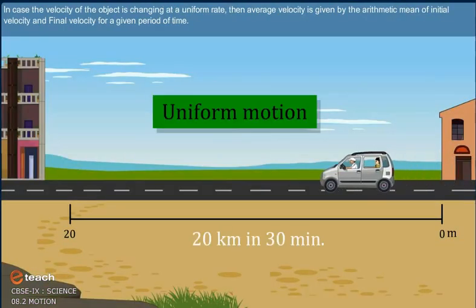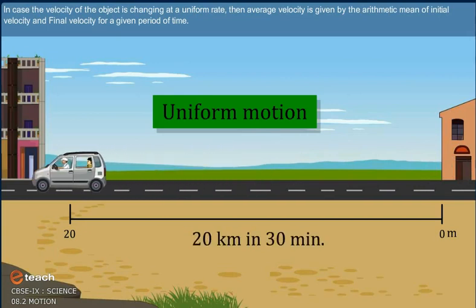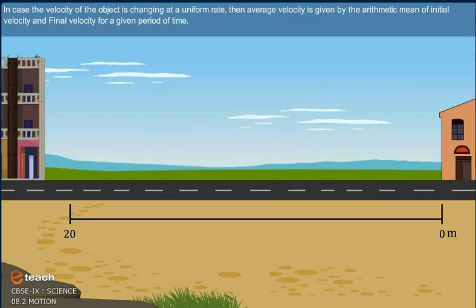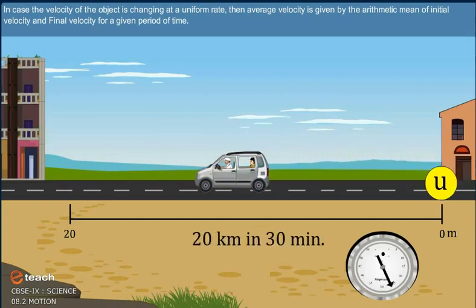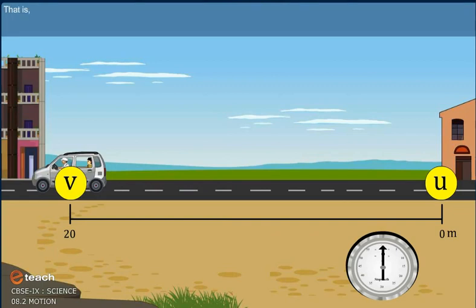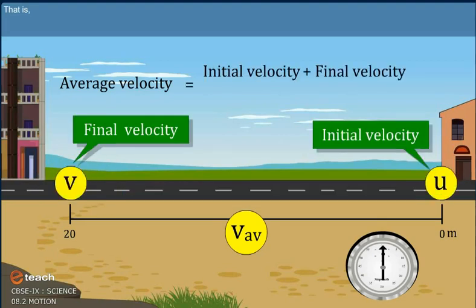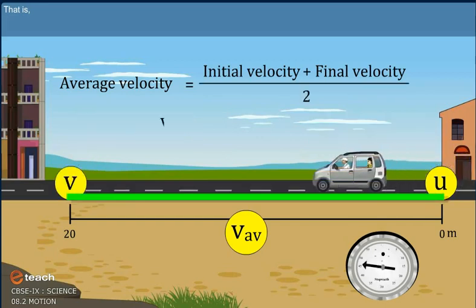In case the velocity of the object is changing at a uniform rate, the average velocity is given by the arithmetic mean of initial velocity and final velocity for a given period of time. That is, average velocity is equal to initial velocity plus final velocity divided by 2.